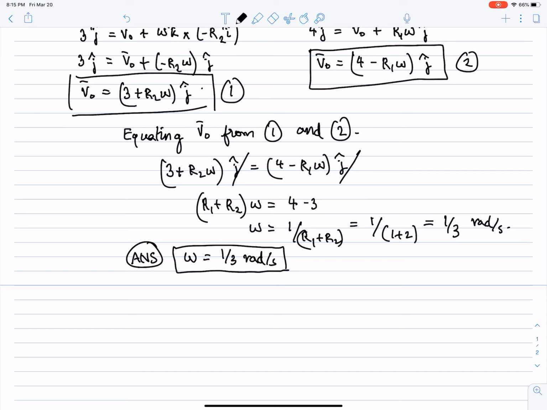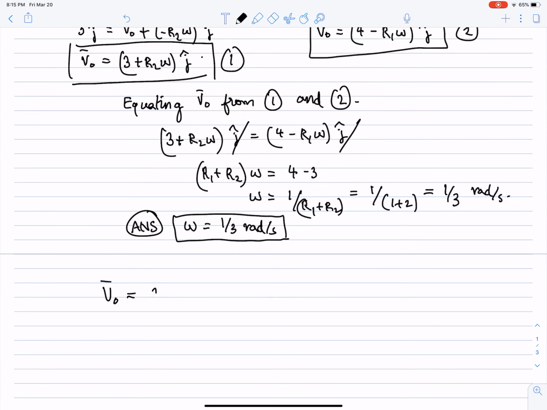And now that we found omega, we can use either this equation or this equation to calculate V naught as well. So let's do that. So we're going to have V naught equals 3 plus R2 omega j equals 3 plus, R2 happens to be 2, omega happens to be 1 over 3, j, and that's going to be equal to roughly 3.667 meters per second j.